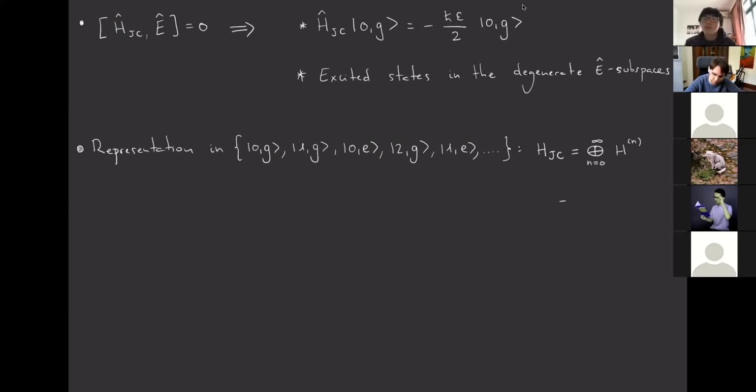If you find the matrix form of this Hamiltonian, it has a box structure. Along the diagonal it has boxes, or matrices, that are non-zero, but everywhere else you will get zeros.